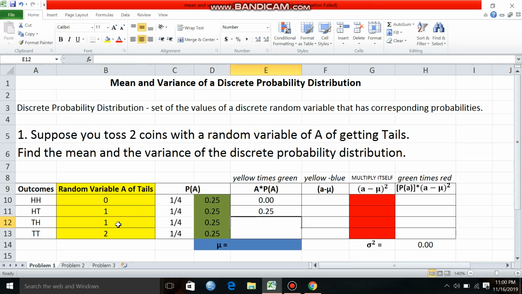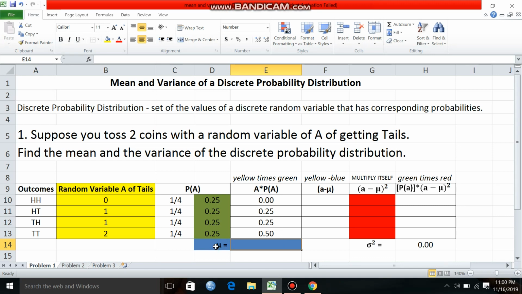Next is 1 again, 1 times 0.25 is 0.25, and we multiply 2 and 0.25, so we get 0.50.